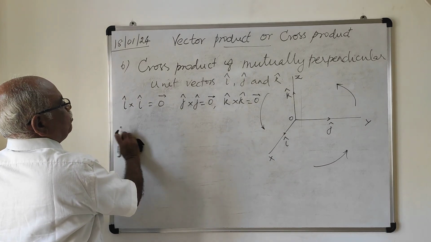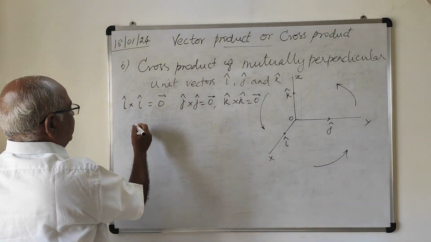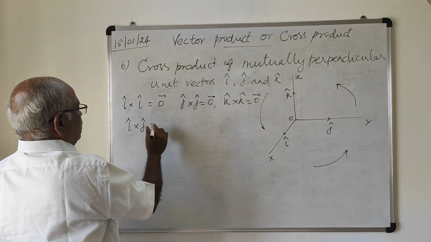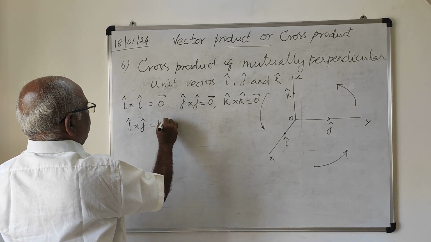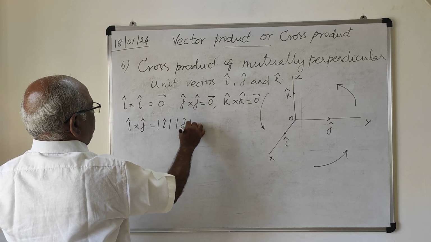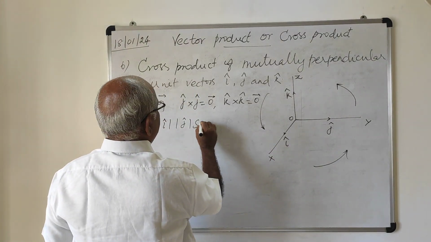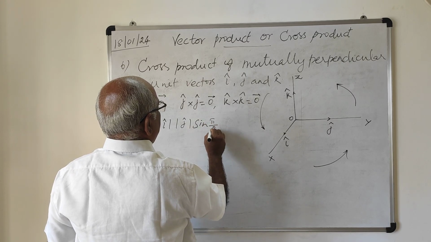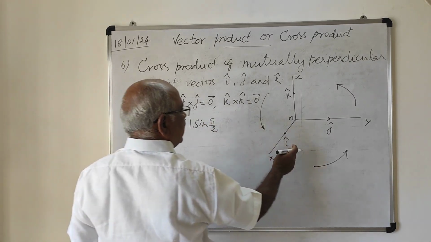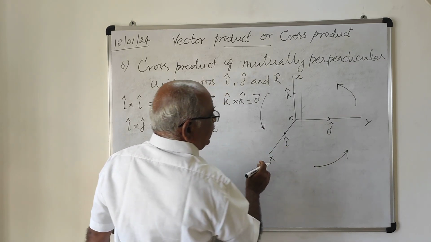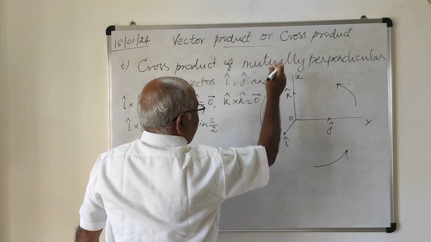Next, i cross j. i cross j equals, by definition, mod of i into modulus of j into sin of the angle between i and j, which is sin 90, because they are perpendicular, into n cap, the unit vector acting perpendicular to both i and j. The unit vector perpendicular to both i and j is k.